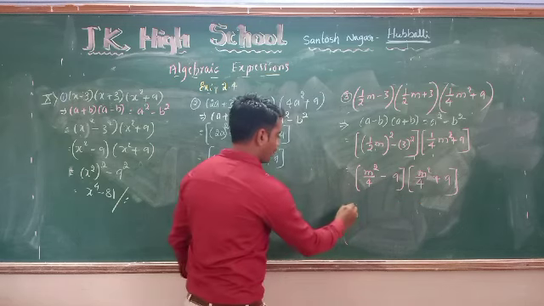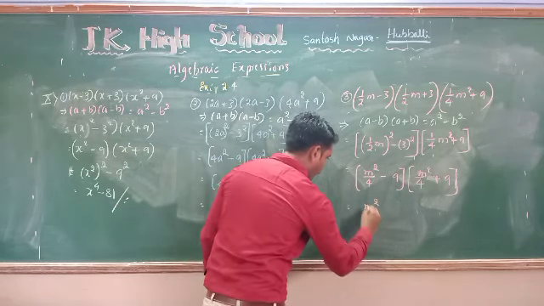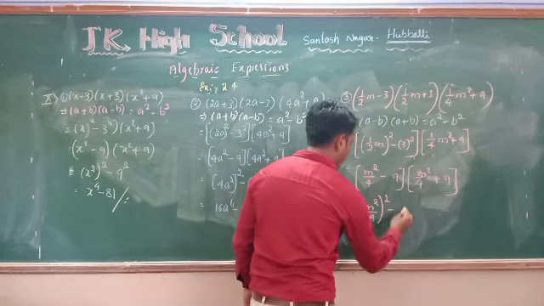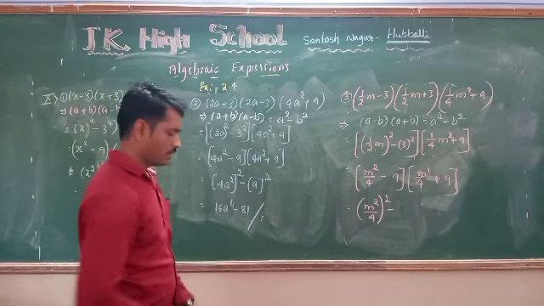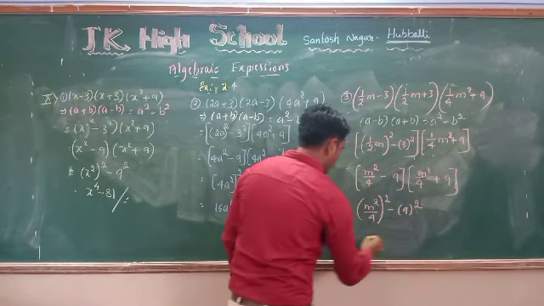Next, here apply the same formula. M square by 4 whole square minus 9 whole square, because a plus b into a minus b means a square minus b square.